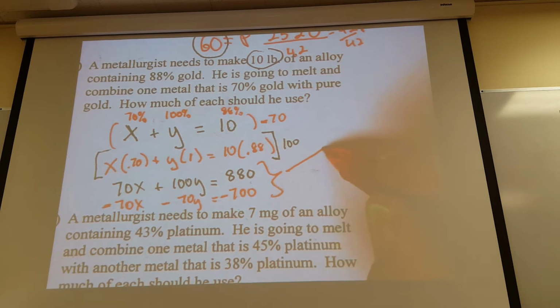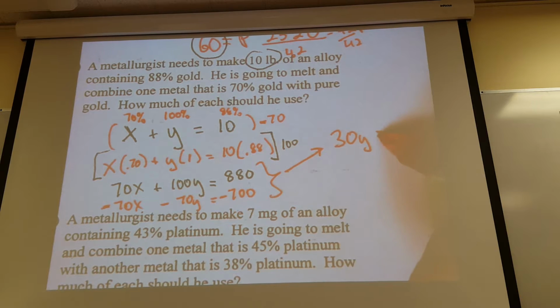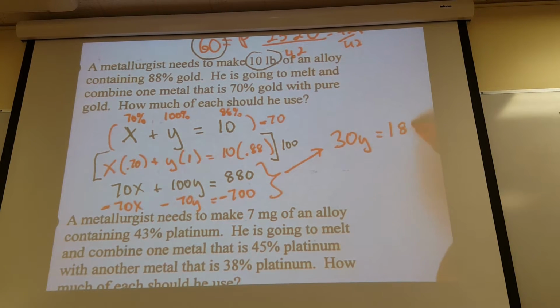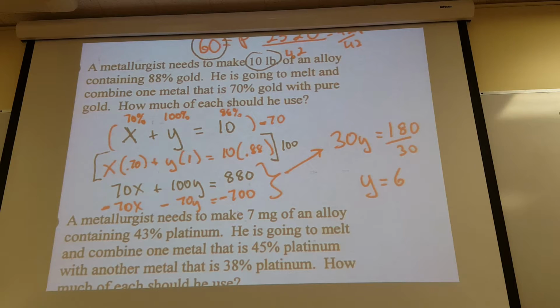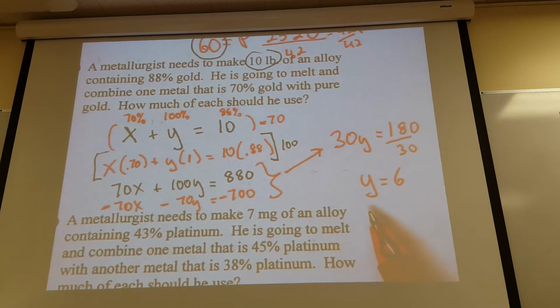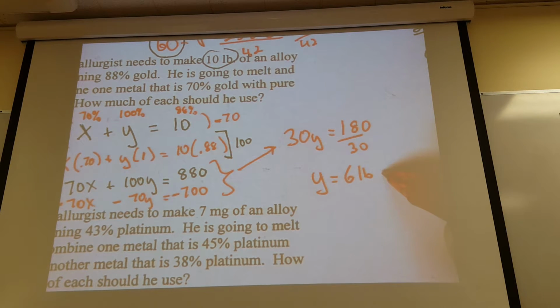Okay, now look what happens. The x's go out doing elimination, and I get 30y equals 180. So when you divide by 30, y equals 6. So I have 6 pounds of pure gold.